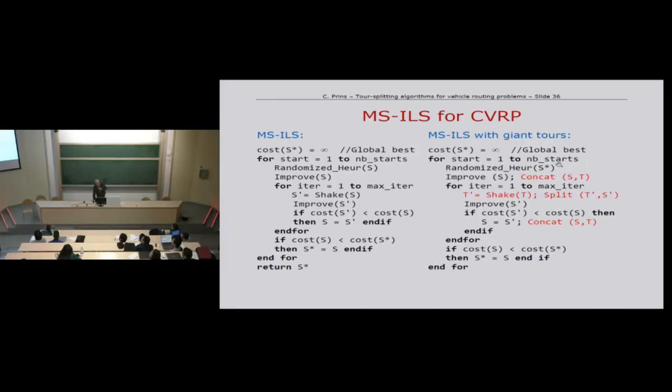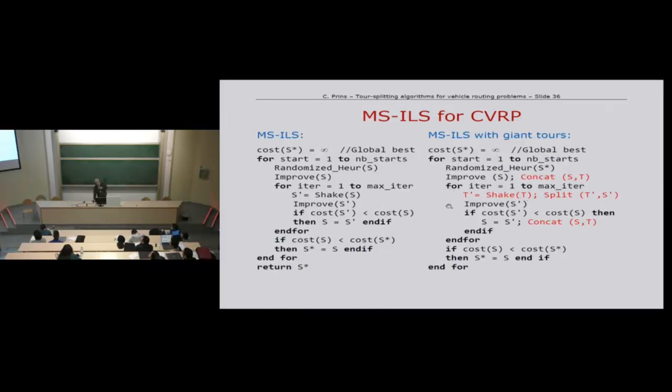So the one that we try for the VRP is an MS-ILS with a giant tour. It's almost the same. The differences are in red. Here we improve S by local search, and we concatenate its trips to obtain one giant tour, T. And in fact, the mutations are done on the giant tour.